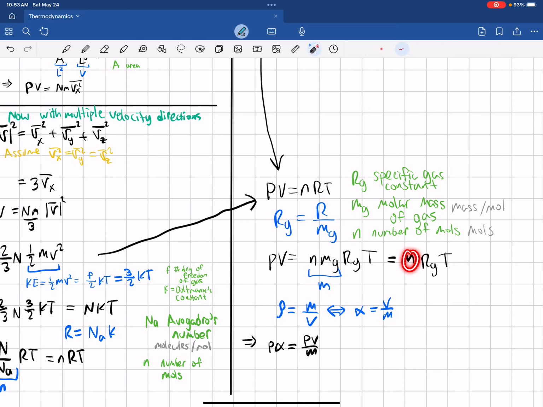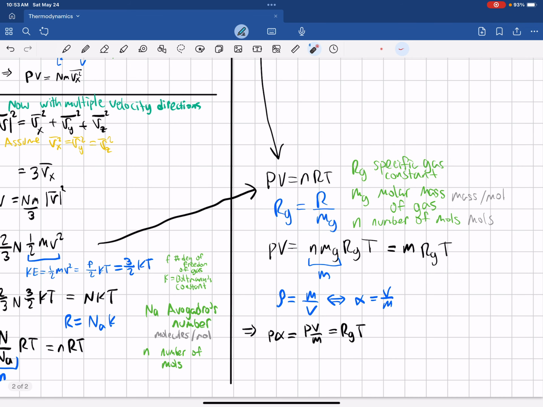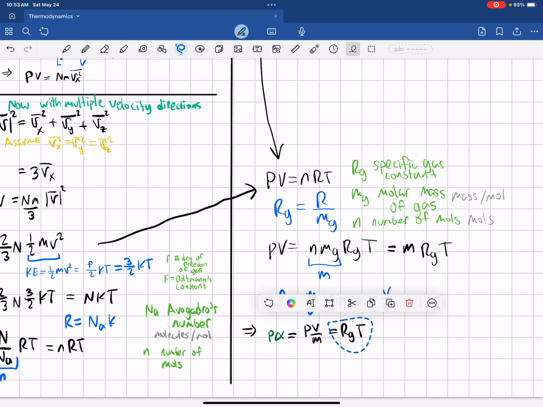So take this m, divide it, PV over m is equal to RgT. So now we have P alpha equals RgT. And yeah, that's our equation. That will be our ideal gas law. So I'm highlighting it in green, so it shows the final version.